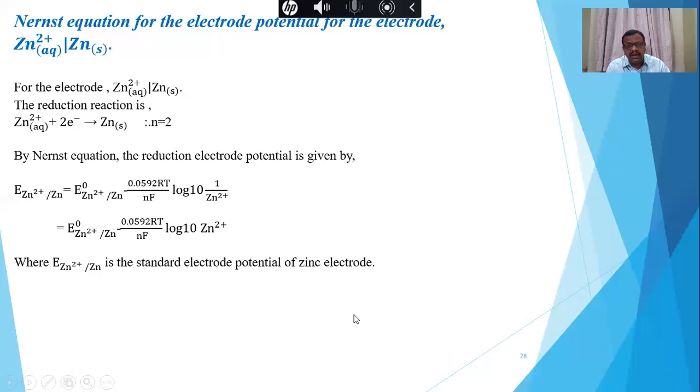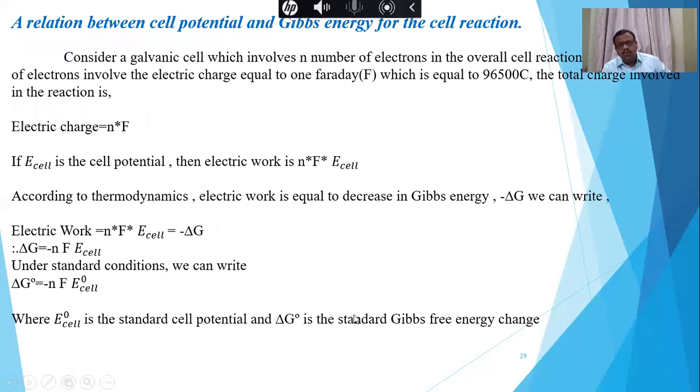Now let us try to understand the next point, that is the relation between cell potential and Gibbs energy for a cell reaction. Consider a galvanic cell which involves n electrons in the overall reaction.